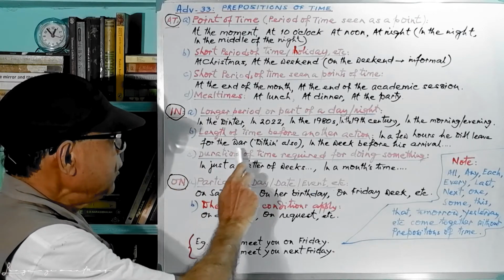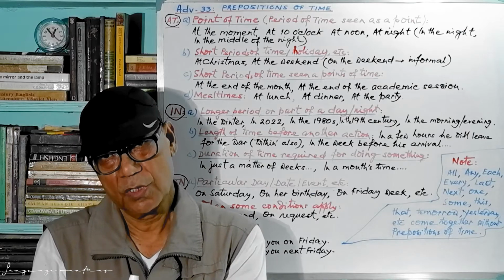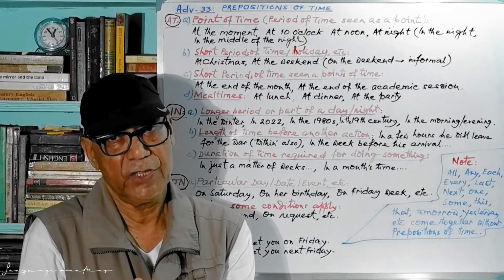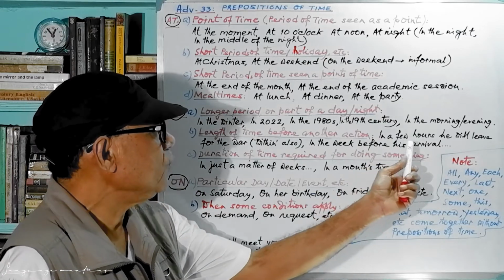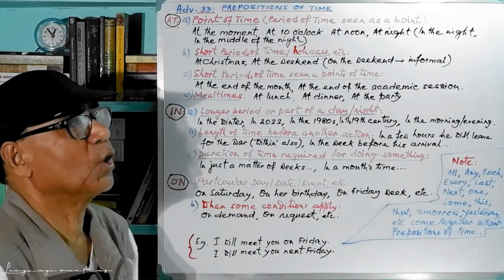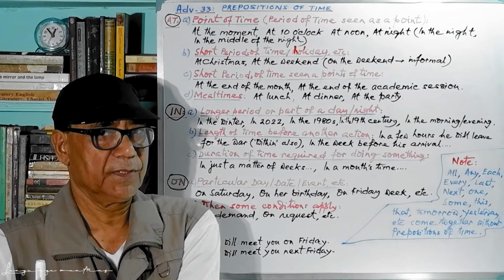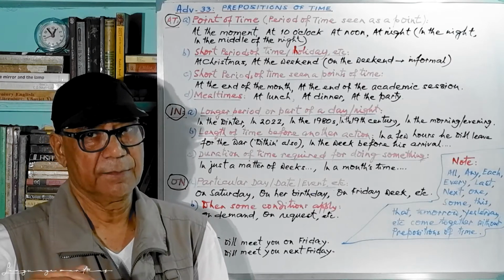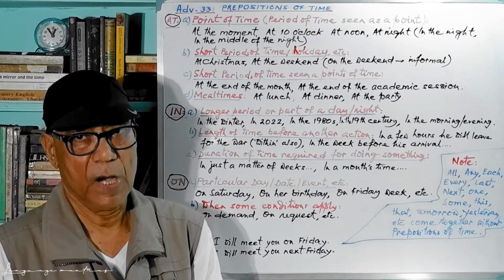B. Length of time before another action. We are trying to place a length of time before an action. In that case, in a few hours he will leave for the war. He will leave for the war, that is the action. Before that, the time reference is given, that is within a few hours.